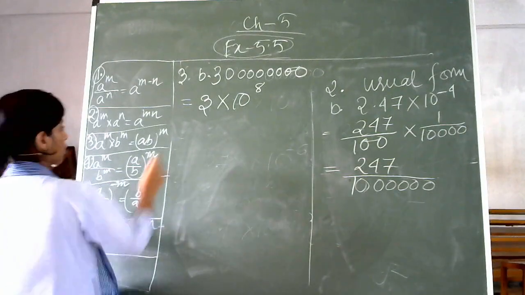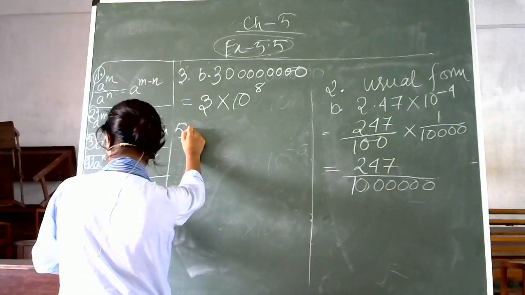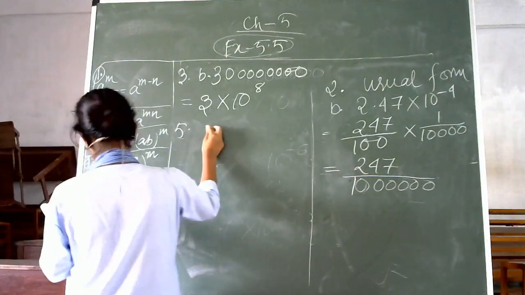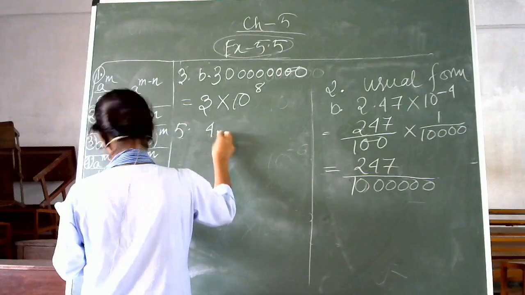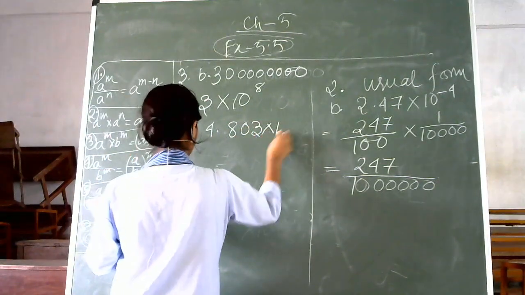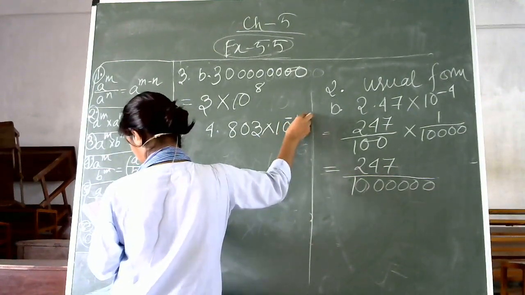Okay, I'm doing the last question from this exercise. After this, I'll close my class for today. Okay, the number is 4.803 into 10 to the power minus 10.